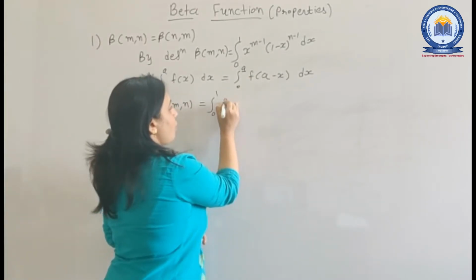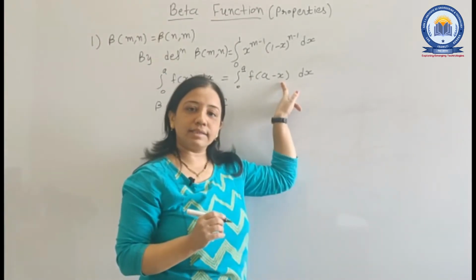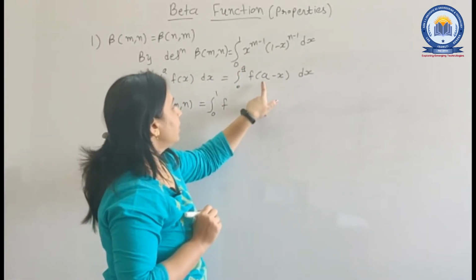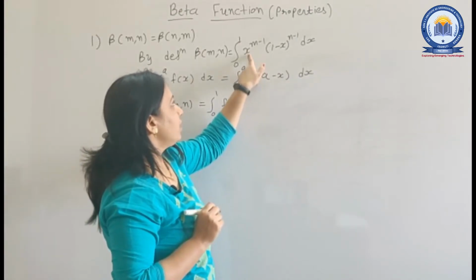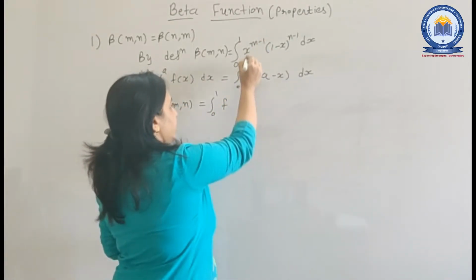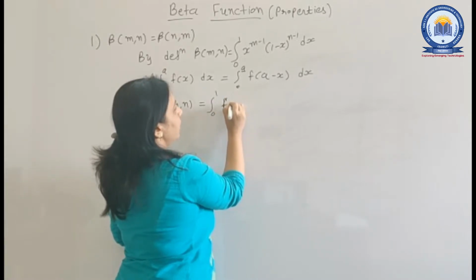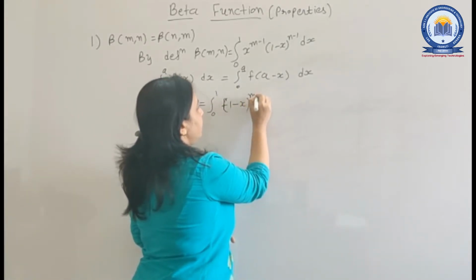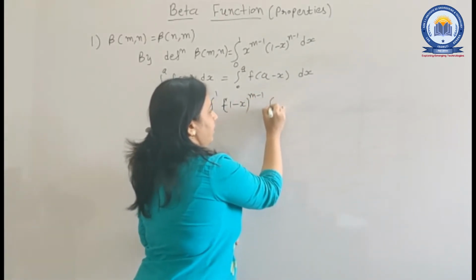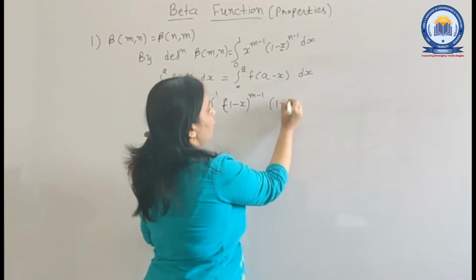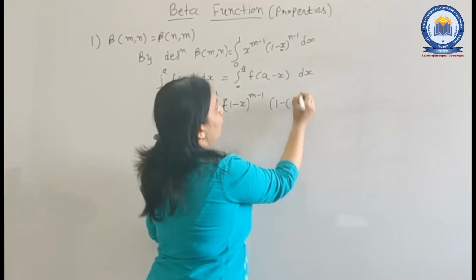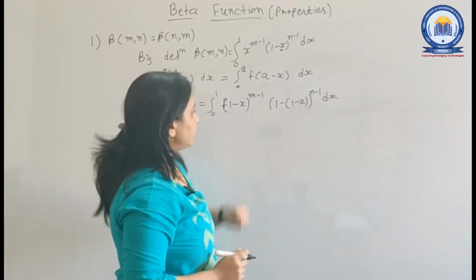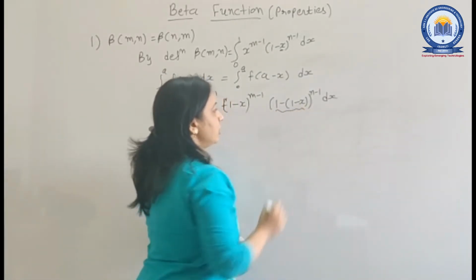Now f(a minus x), so a minus x means 1 minus x. So here x raised to m minus 1, instead of x we'll write 1 minus x raised to m minus 1. Again here the x we'll replace with 1 minus x, whole raised to n minus 1 dx. Now we will simplify this one. So what happened?